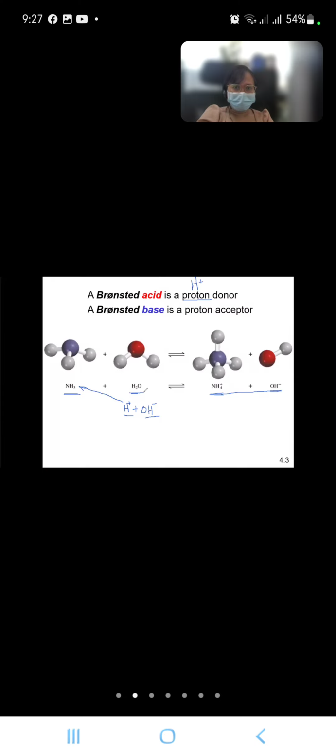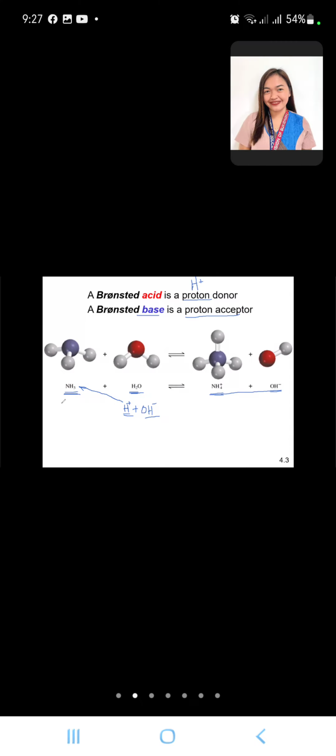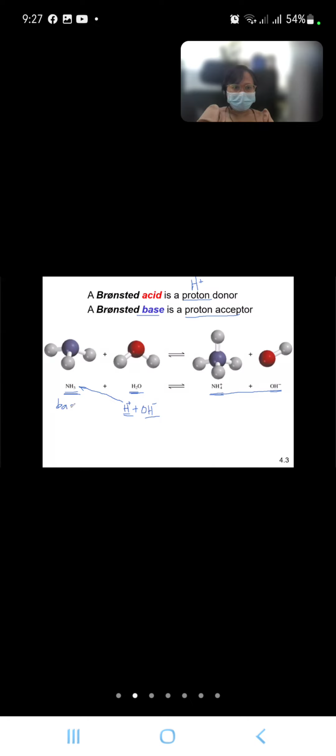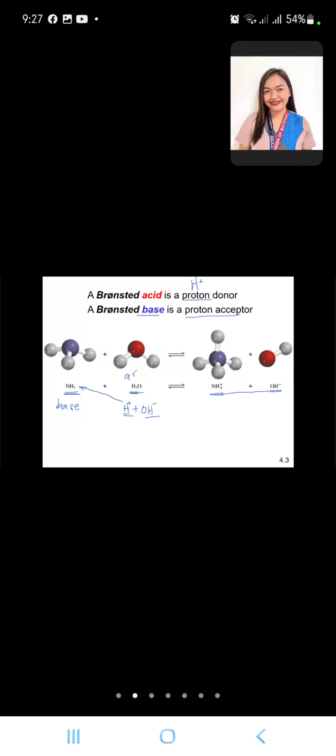It is water. Okay? So water donates the proton. That is why it is the one that gave the hydrogen. Here it gave it to ammonia. Okay? And Bronsted defines a base as a substance that accepts a proton. So who accepted the proton? Ammonia. Therefore, ammonia is our base. Ammonia is our base. And water is our acid. Okay?